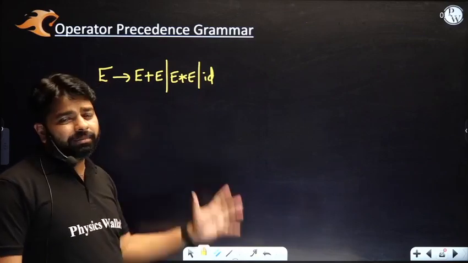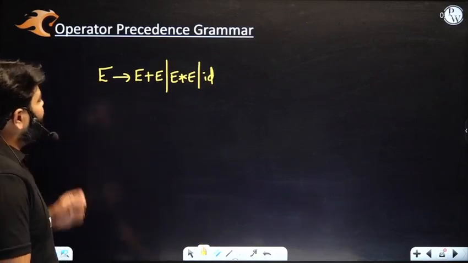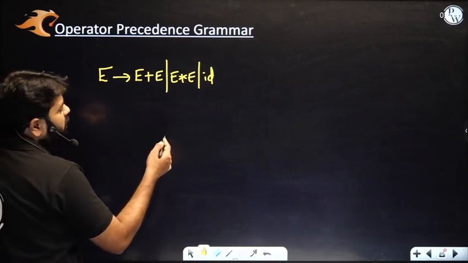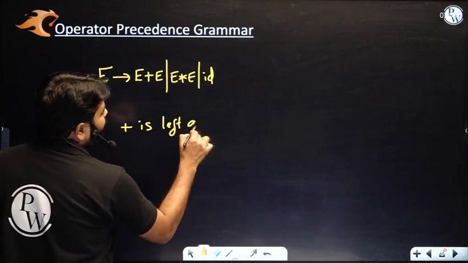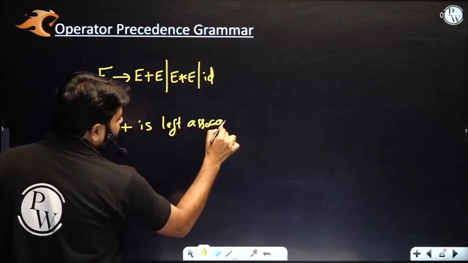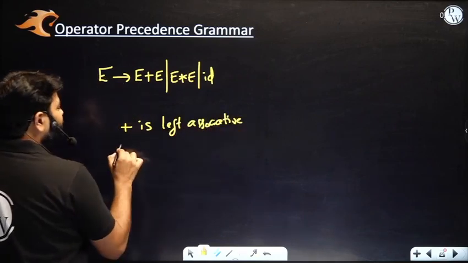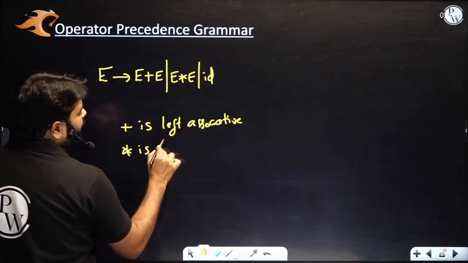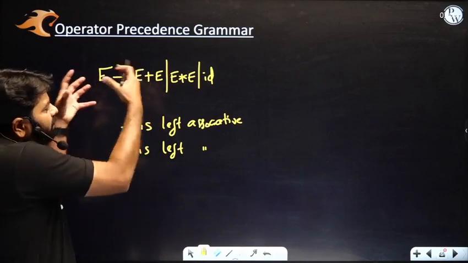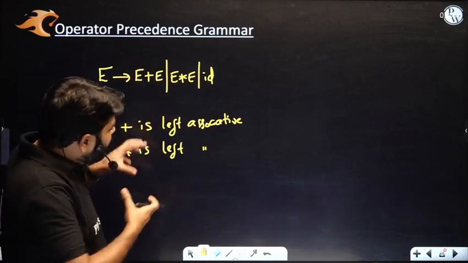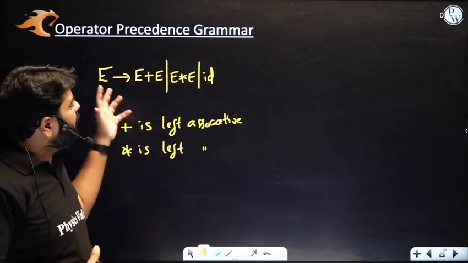This is an ambiguous grammar. Along with this, if anybody provides some rules, okay, plus is left associative, then you will follow that only. You will never follow right associative. If anybody says star is left associative, we will always follow left associative. So along with this grammar, if I provide some rules explicitly, you can follow them.